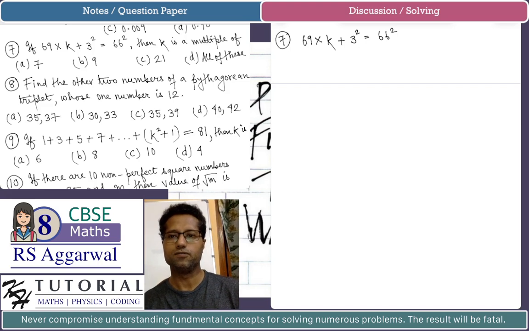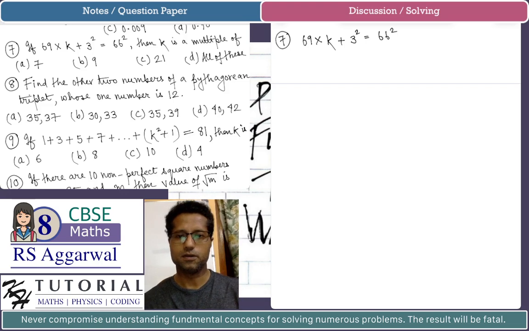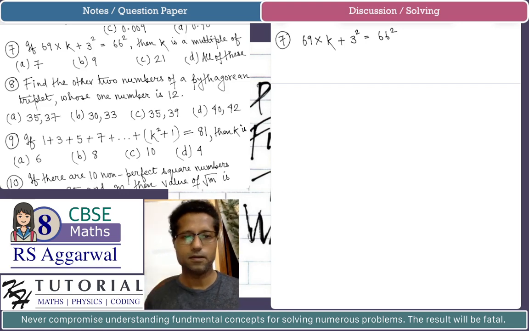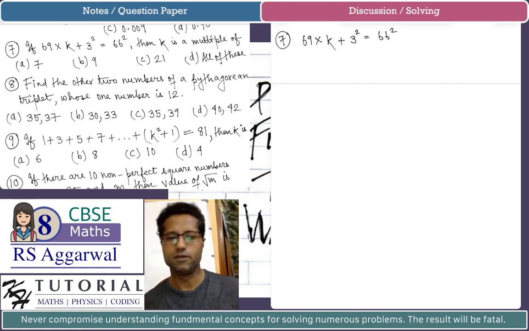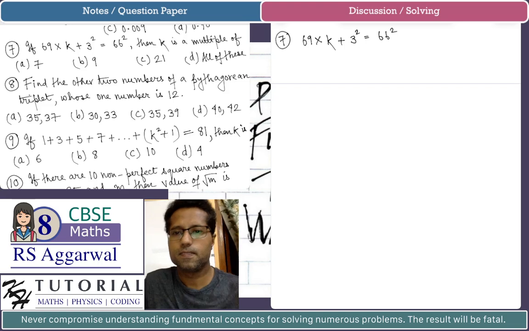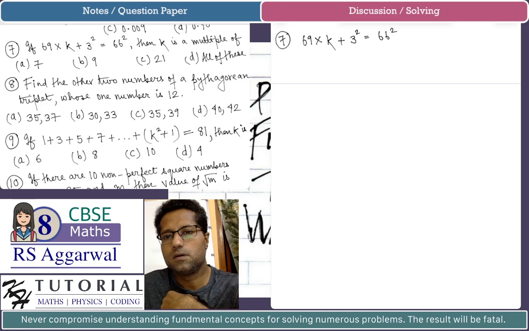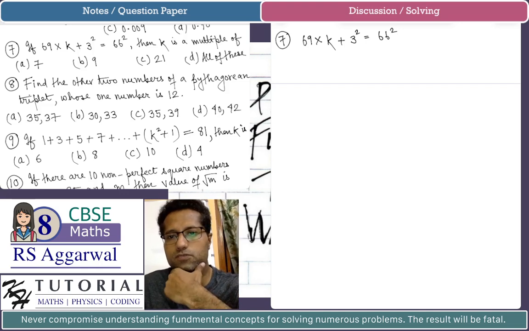First of all, you have to see that there are certain properties of squares. If you can somehow relate this given problem to any of those properties.